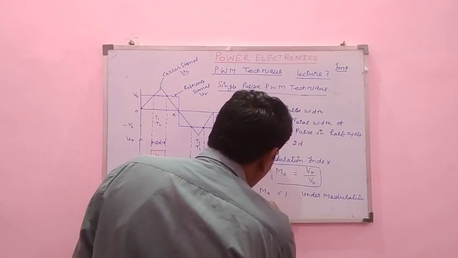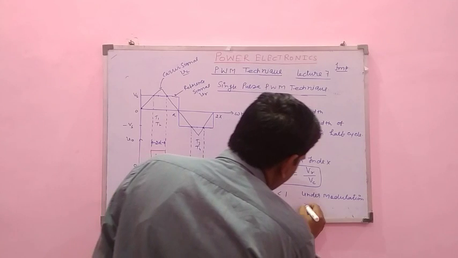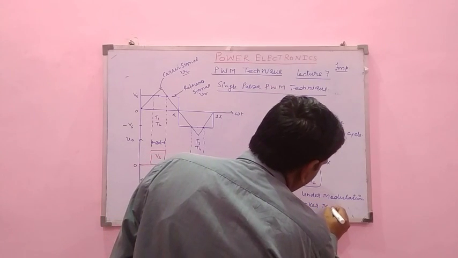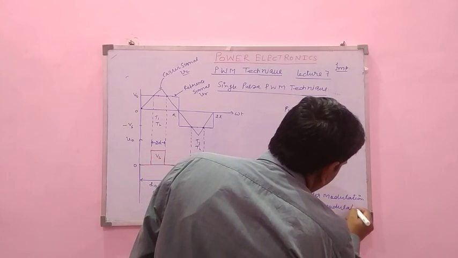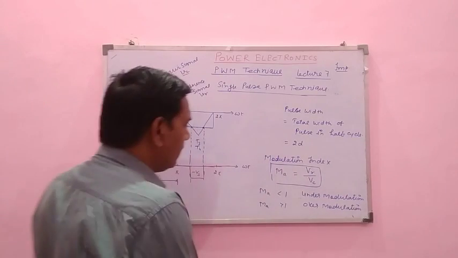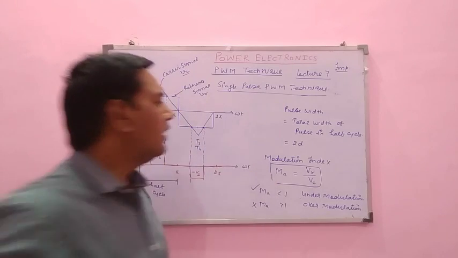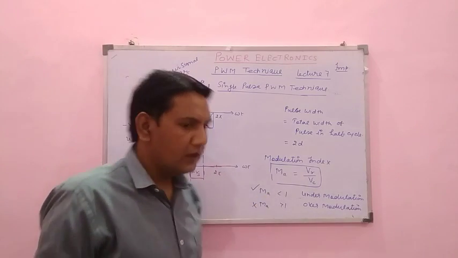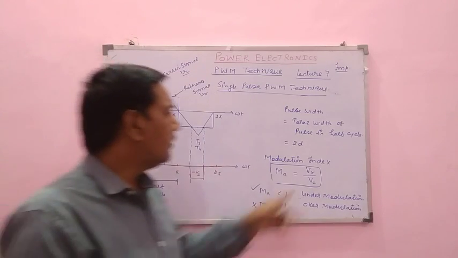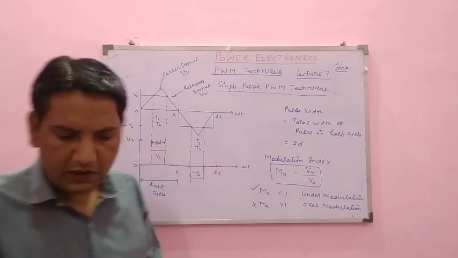If MA is greater than 1, it is called over modulation. We don't use over modulation. Generally we use under modulation when MA is less than 1, means the amplitude of reference signal should be less than carrier signal.